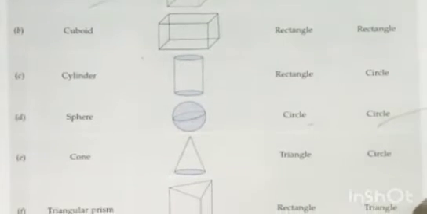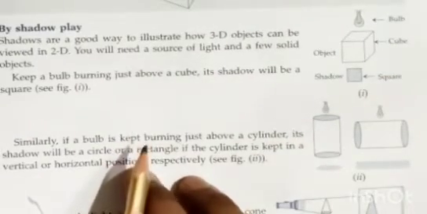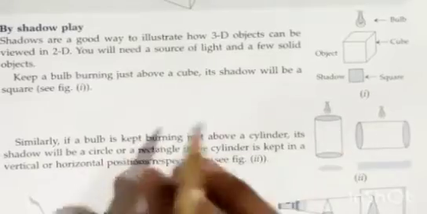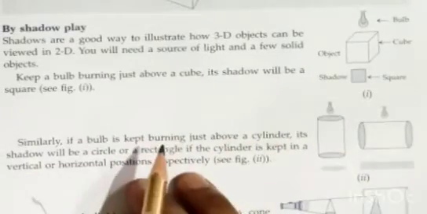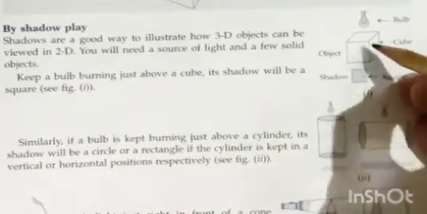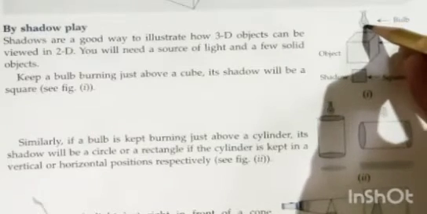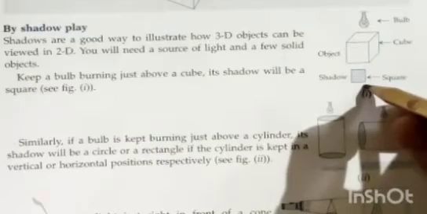Next is shadow play. Children, shadow play is a very simple technique to identify the shape of an object from a particular point of view. Suppose for a cube, if we keep a bulb just at the top, a square shadow will be formed at the bottom.